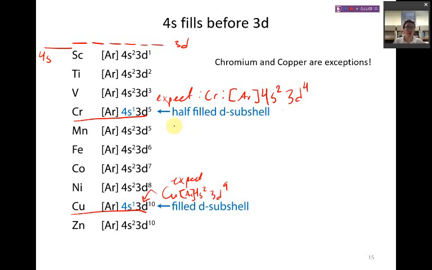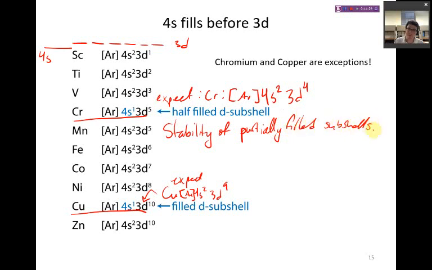But it's due to, in essence, the stability of partially filled subshells. And this is the level to which you need to know why there are exceptions.